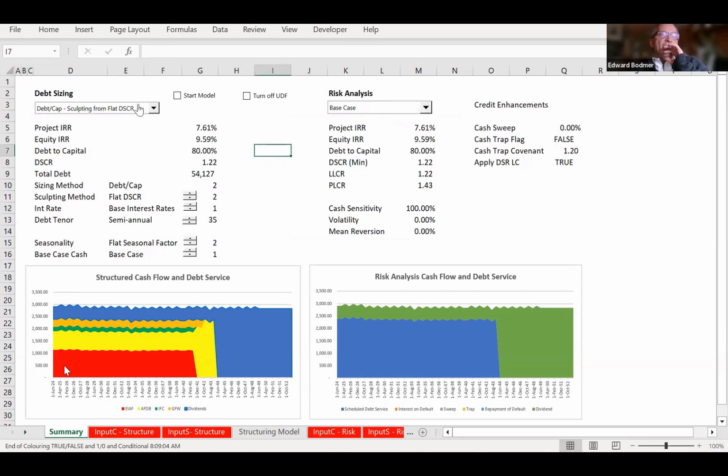So maybe I want to put in a P50 case, a P99 case, a debt to capital case. I want to size the debt, but at the same time I want to do some risk analysis.